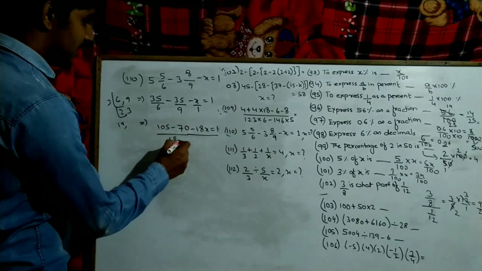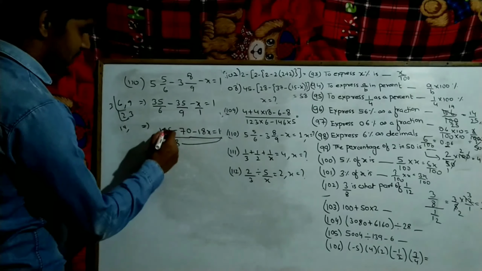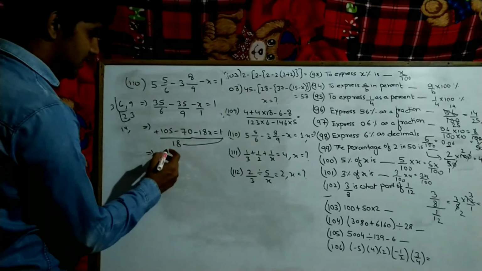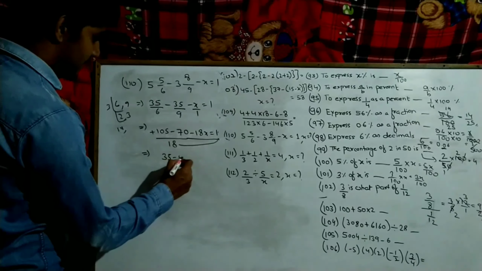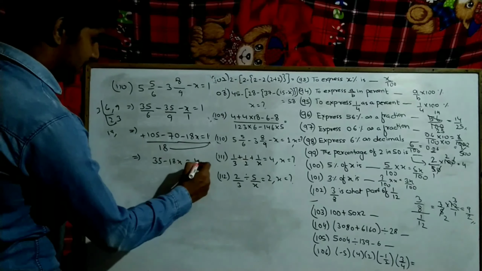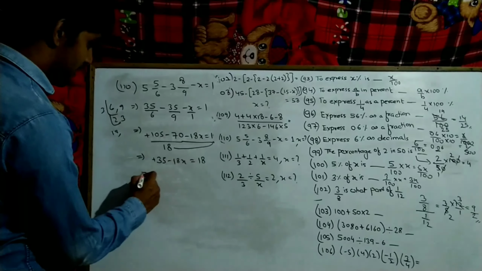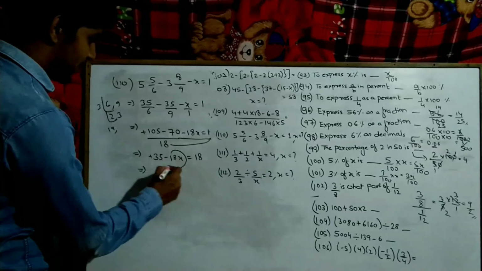Okay. Now I am sending this part here. So if division part, both that side becomes multiplication. Plus minus will be minus. So 35 minus 18x is equal to how much? 18. Okay. Now this plus goes that side becomes minus. Otherwise you can send this part also.